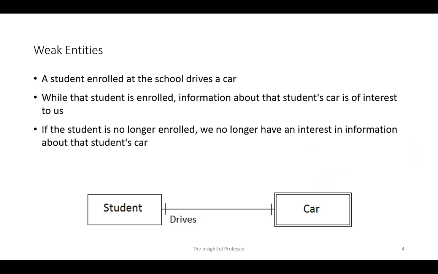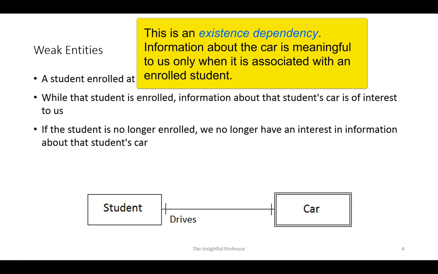So when information about the student is removed from the database, so too will the information about the car driven by that student. Thus, it's the association of the student, the strong entity type, with the car, the weak entity type, that makes the information about the car meaningful or relevant to us.